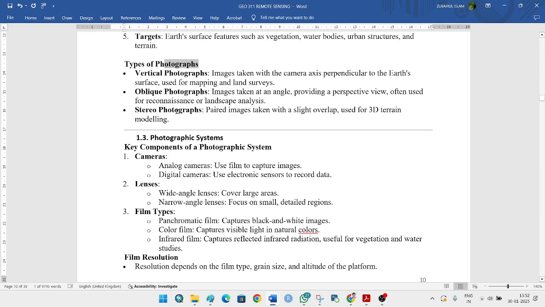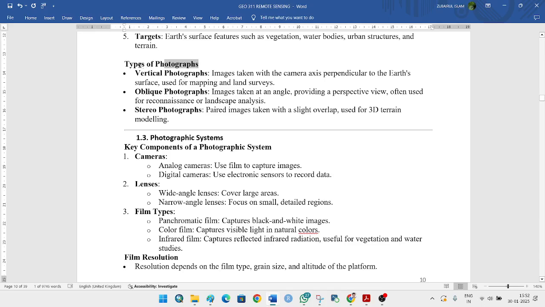Satellite data is also giving us higher resolution. Higher means less pixel size, maybe 10 centimeter up to 500 meter or 1000 meter. So there are different satellites giving us very good image data.